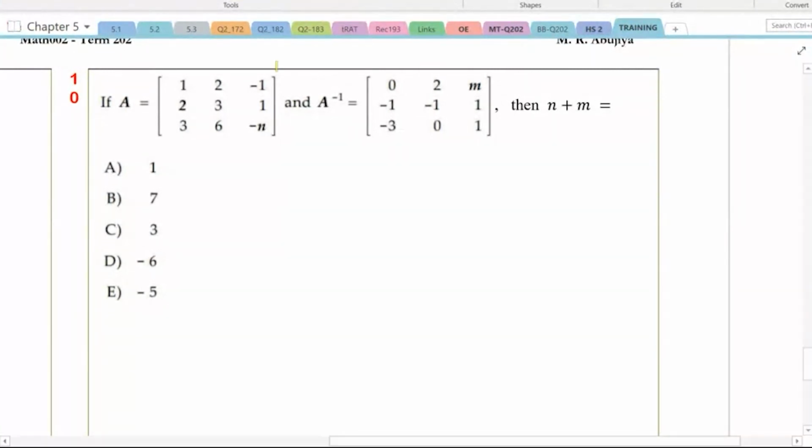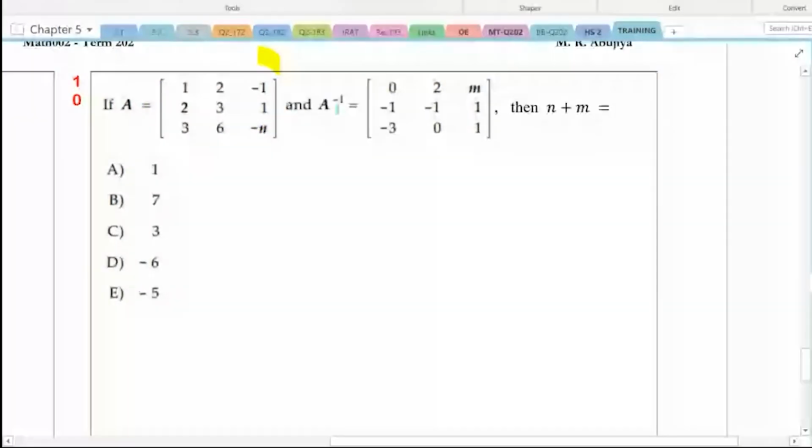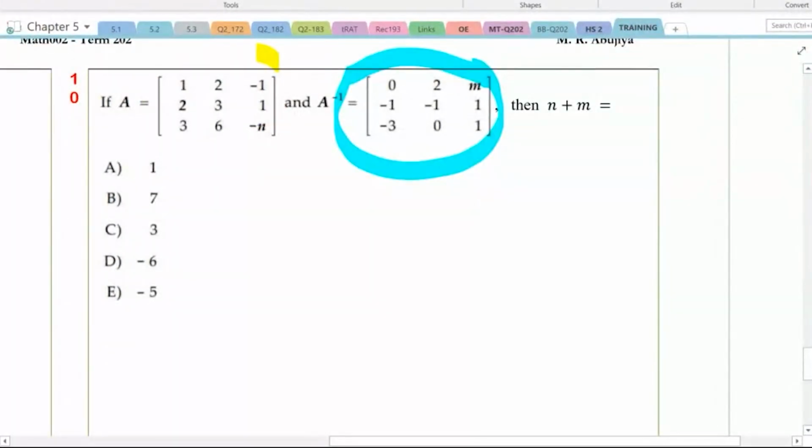What comes to your mind quickly is that you can find the inverse of A, and then compare our result with the inverse that is given to us. But gentlemen, to find the inverse for 3 by 3 takes a little time.